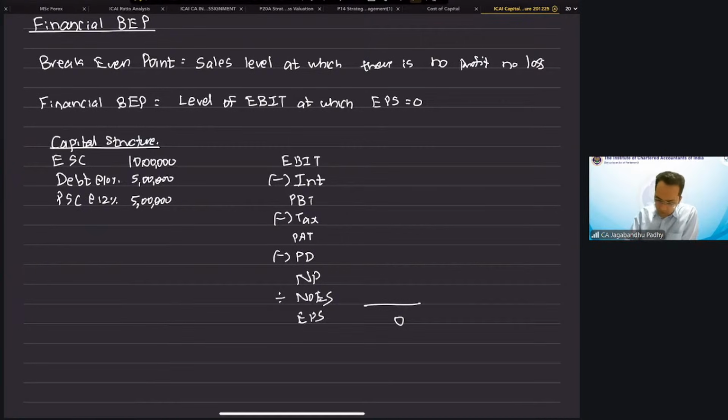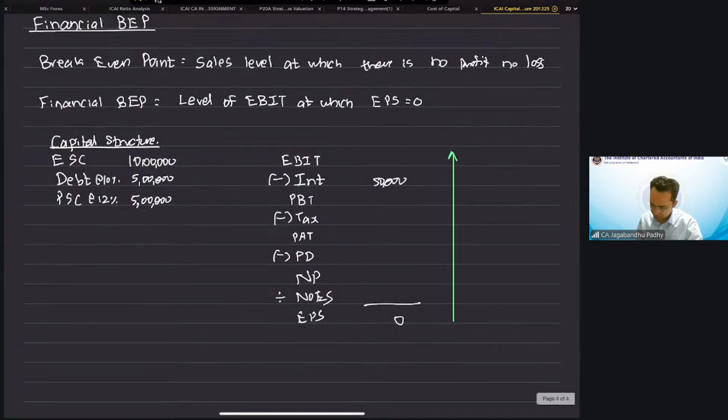So I just want you to calculate now, basically a reverse calculation over here. From EPS, you have to arrive at EBIT. So if suppose we want the EPS to be 0, what should be this level of EBIT? Of course, I can write down the amount of interest to be 50,000 and amount of preference dividend to be 60,000.